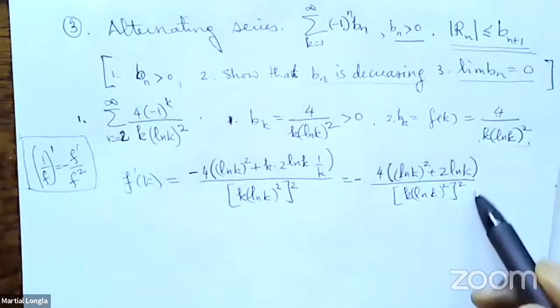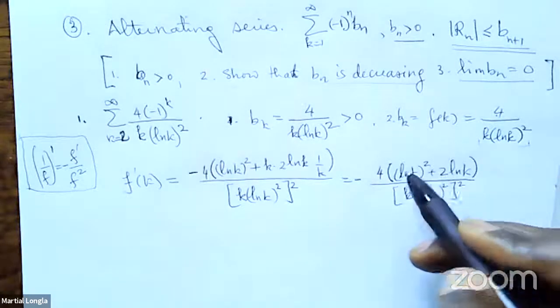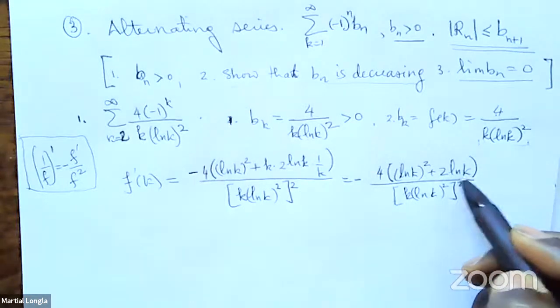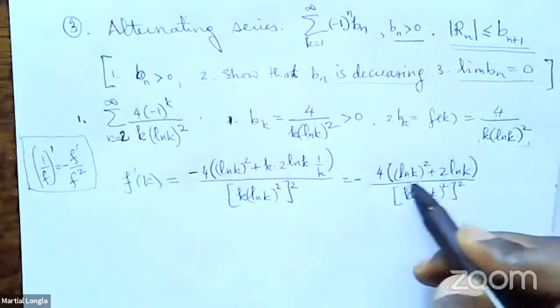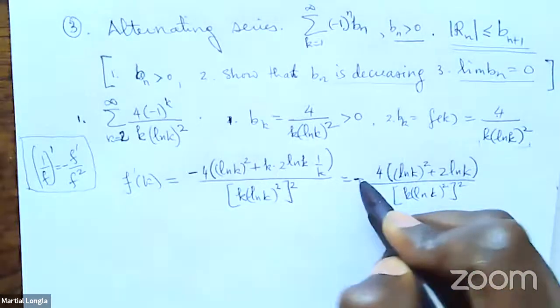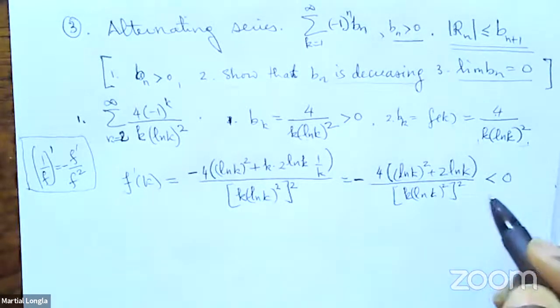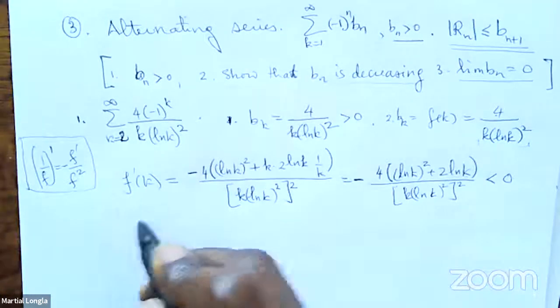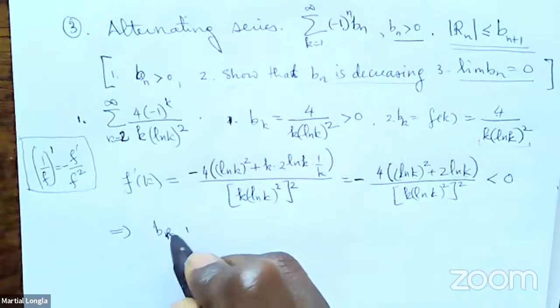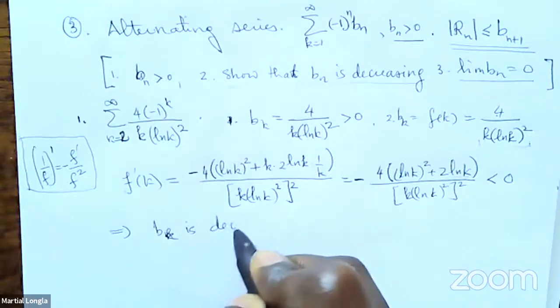Now, the bottom is positive with k larger than 2. Natural log of k is positive, so this is also positive. Everything here is positive, and the negative sign here makes this negative. And that implies that b_k is decreasing.